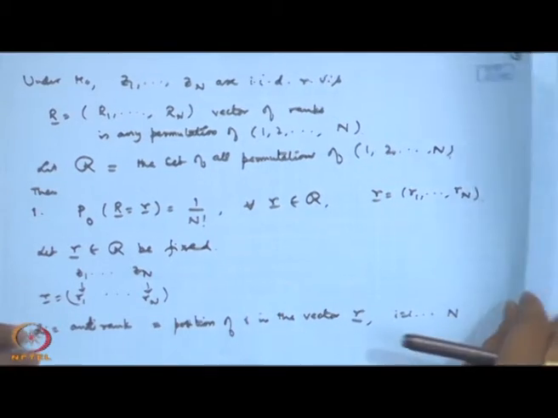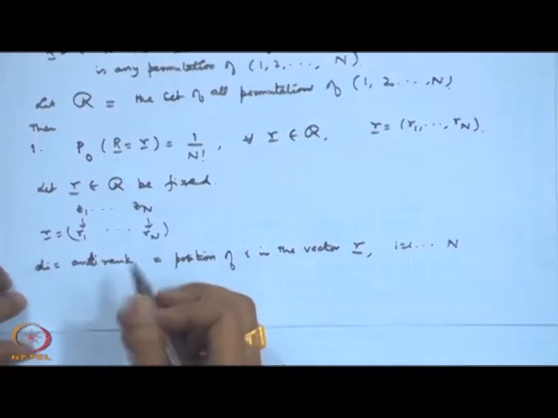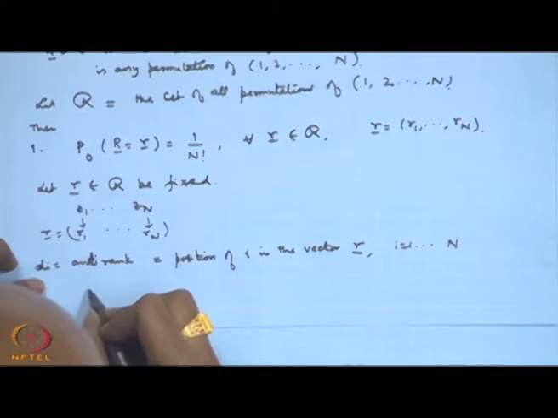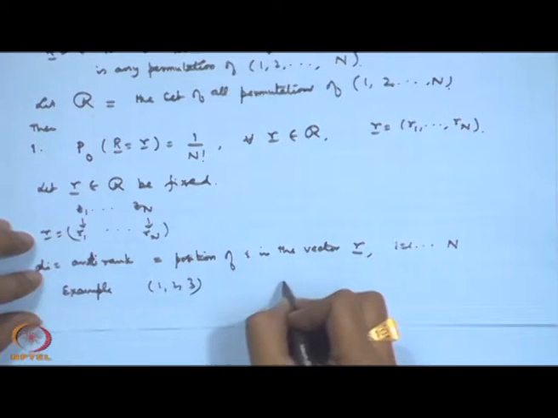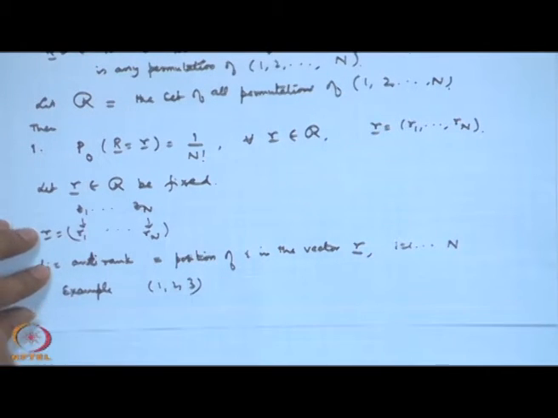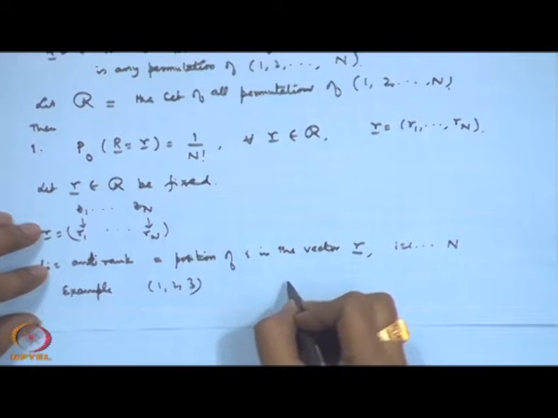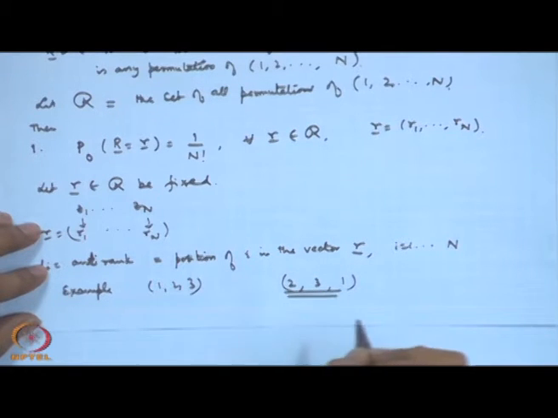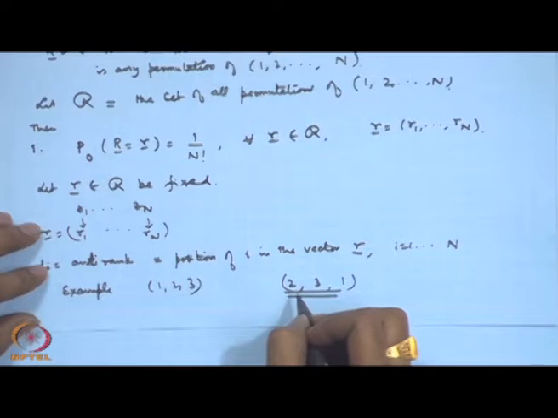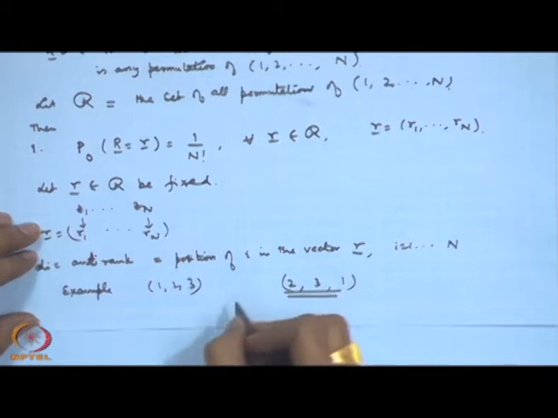See, it is like this. Suppose I consider 3 numbers, say 1, 2, 3, and I consider the arrangement of the ranks as 2, 3, 1. Then what is the anti rank here?